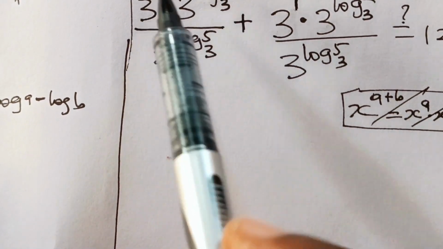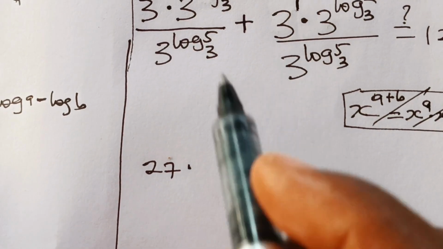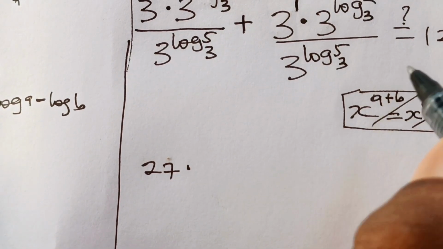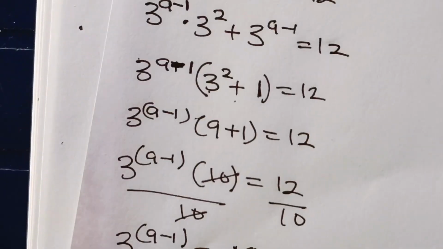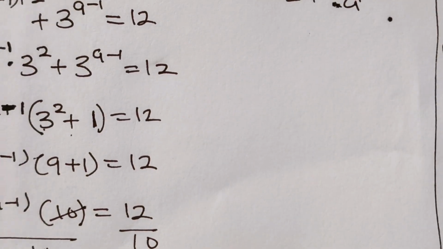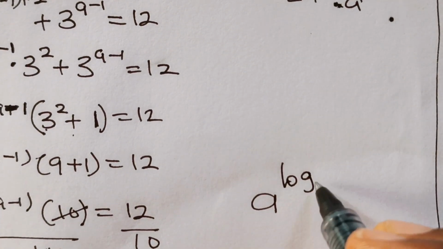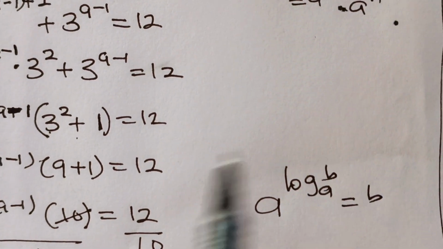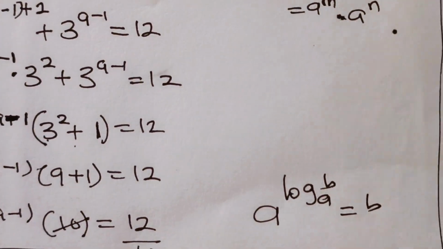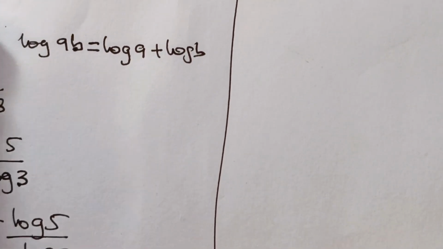Now, 3 to the power of 3 will give us 27, multiplied by, let me write this somewhere to avoid confusing you. When you have a raised to the power of log a b, this is equal to b.